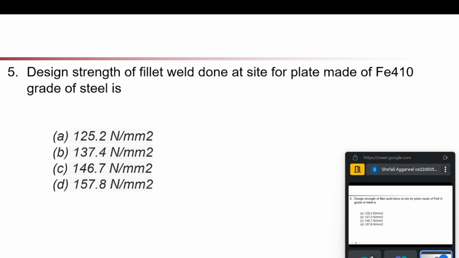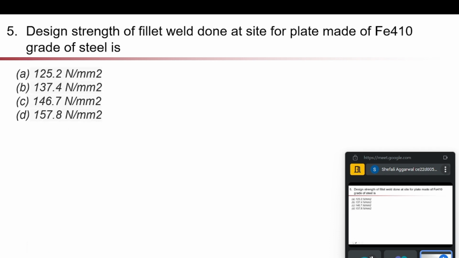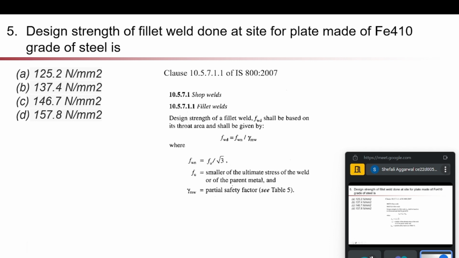Next question. Design strength of fillet weld done at site for plate made of Fe 410 grade of steel is: 125.2, 137.4, 146.7, 157.8. So I'll give you the formula.